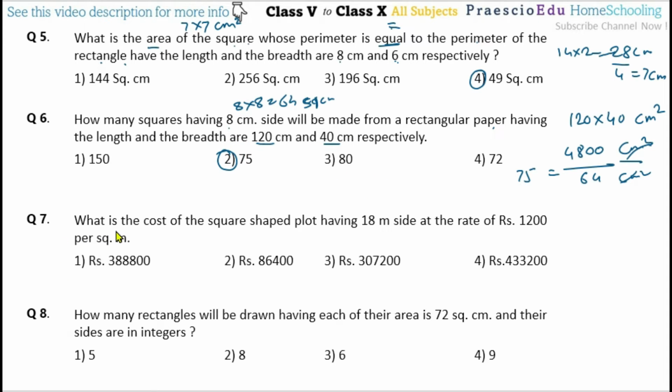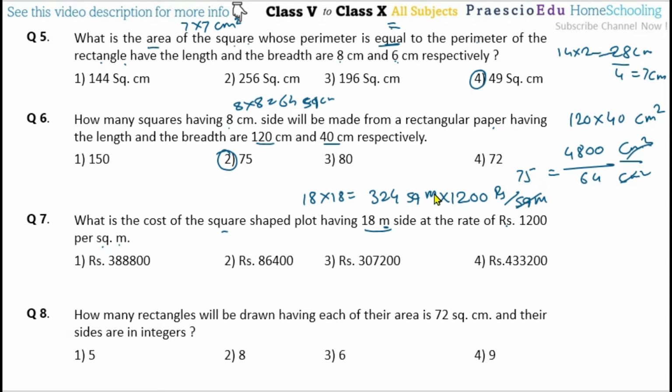Now question number 7, what is the cost of the square shape plot having 18 meter side at the rate of rupees 1200 per square meter? So this is one side and this is in square shape. So 18 multiplied by 18, that is 324 square meter, because this is in meter, multiplied by the rate, which is given, 1200 rupees per square meter.